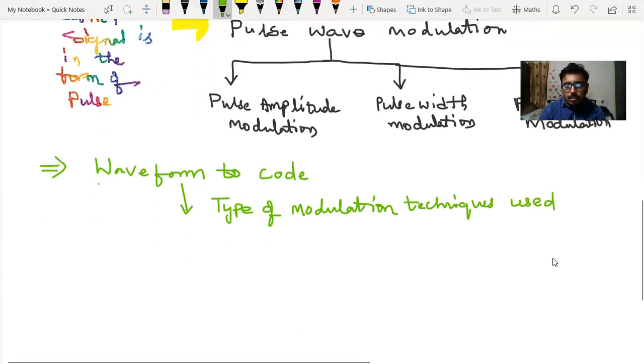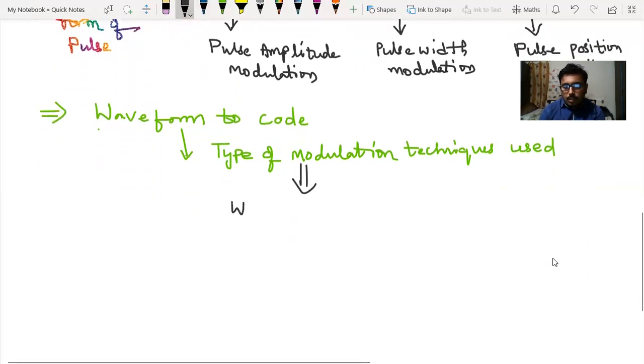Here we come across different modulation techniques, because the input is a waveform, whereas the output must be in the form of a code. So we call such modulation techniques waveform coding techniques.